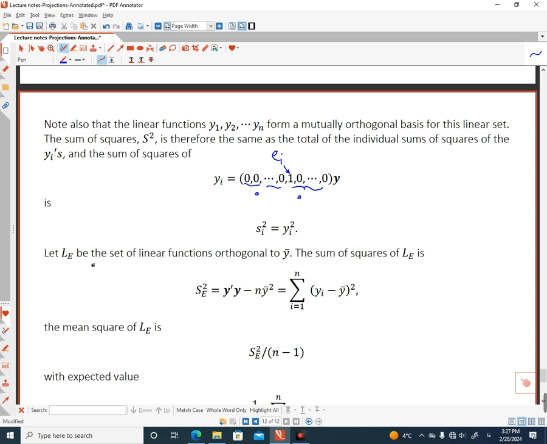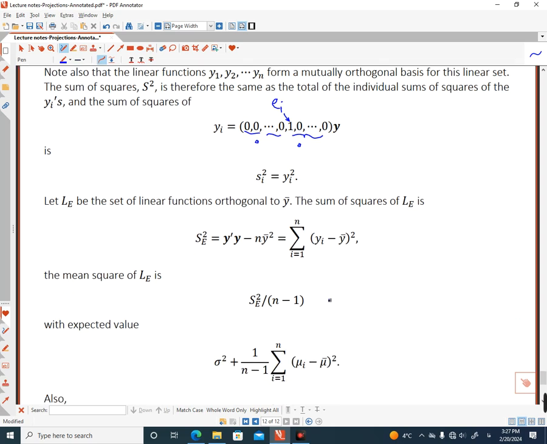So we can construct Le, the set of linear functions orthogonal to y bar, and this e is because of this vector here. The sum of squares of Le is then y prime (I minus n y bar power 2), and you see it is actually the remainder, or sum of squares of error, you consider in linear modeling.